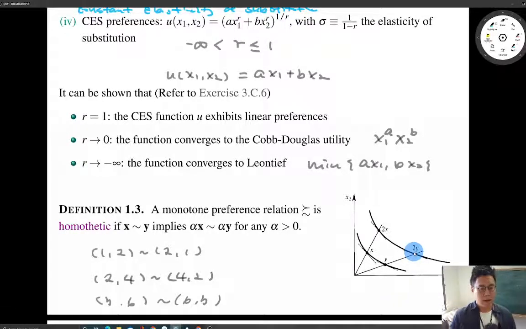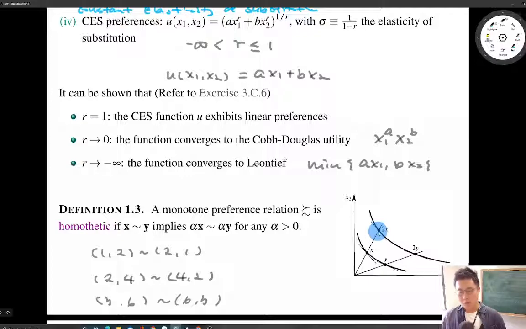So if the preference relation is homothetic, the only information we need for figuring out the preference relation is one single indifference curve. If we know the value of MRS along this indifference curve, then we can compute the marginal rate of substitution at any other point, because if we know the MRS here, then we can figure out the MRS at this point.